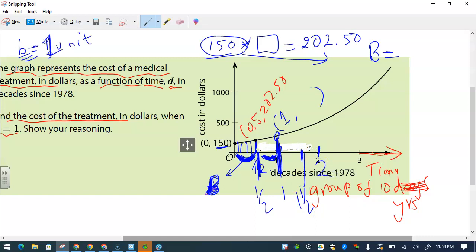So this b is half. That will be 202.50 divided by 150, and using the calculator, you get 1.35.